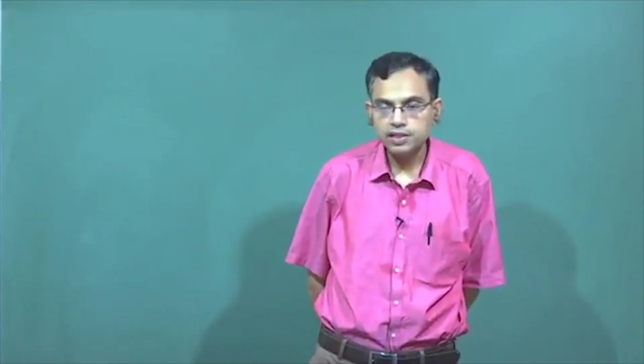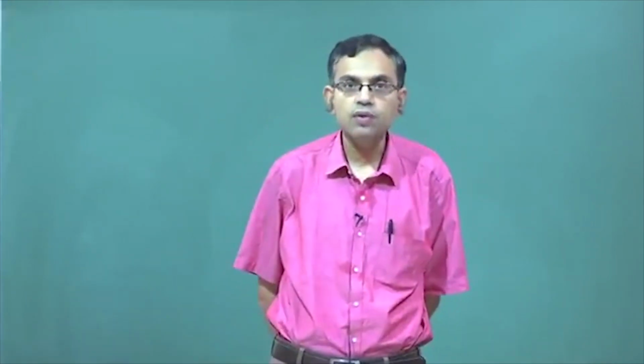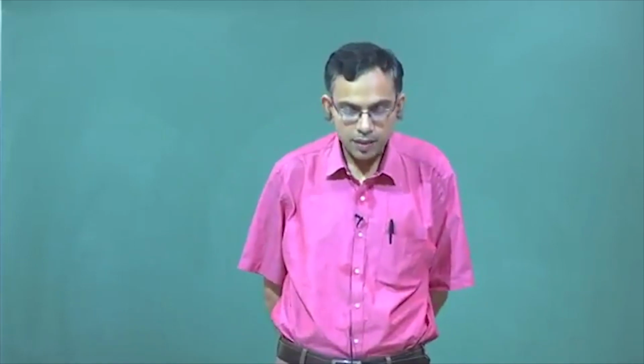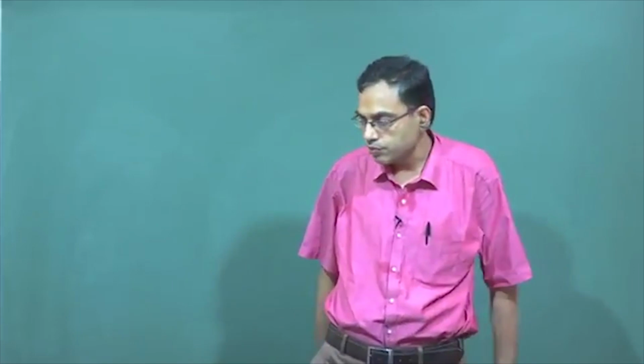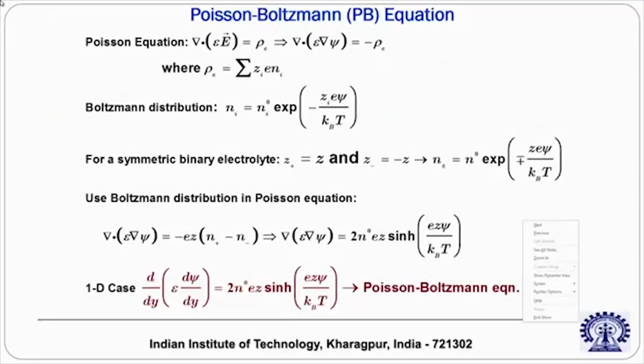In the previous lecture we were discussing some of the basics of electrical double layer theory, and in the process we came, in the context of the Gauss law, and based on that we derived the Poisson equation.